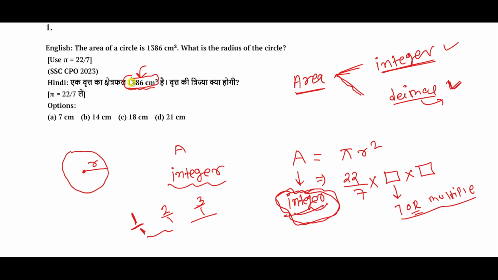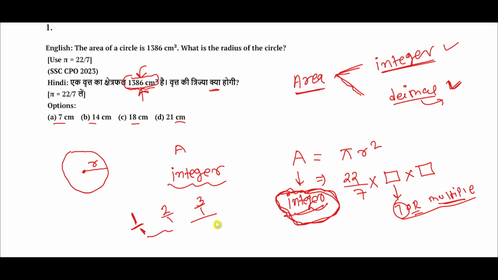By observation, if this circle has area in integers, that means this circle also has radius in integers. If there is any option that has a decimal, I directly cancel out that option, because I know by the formula that an integer value is only possible when I take radius 7 or a multiple of 7.